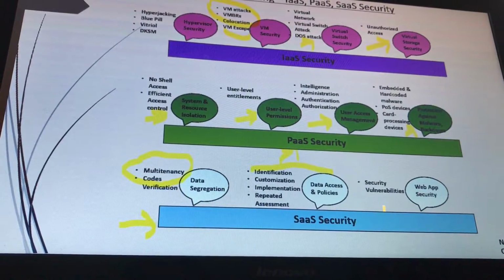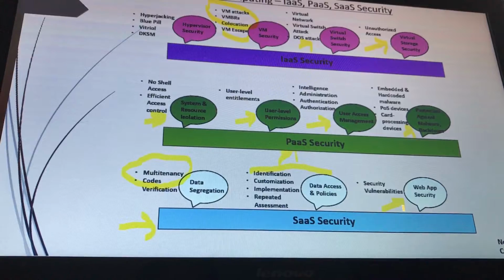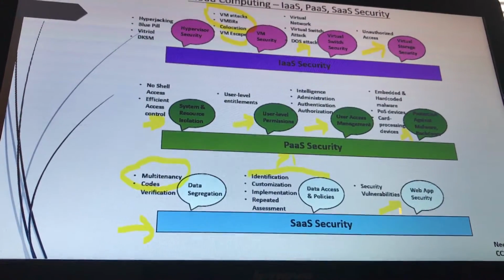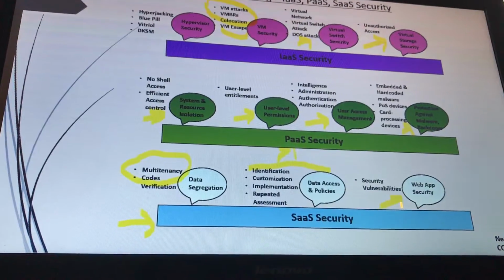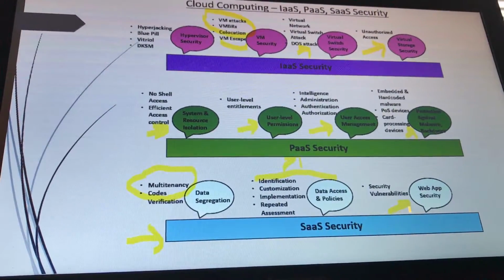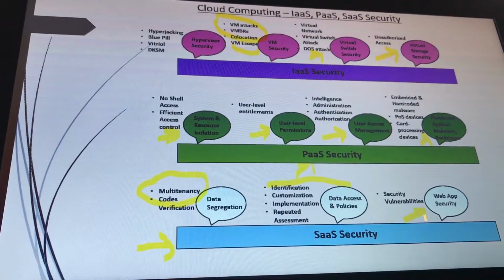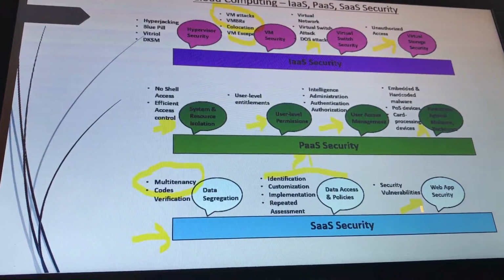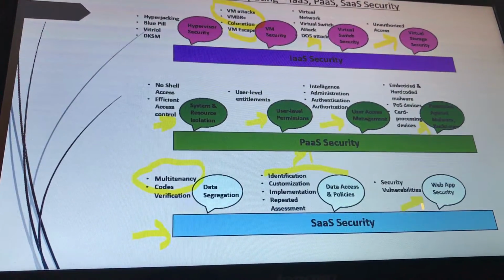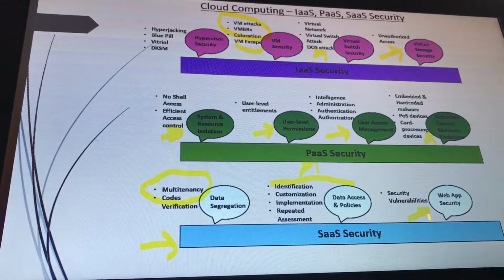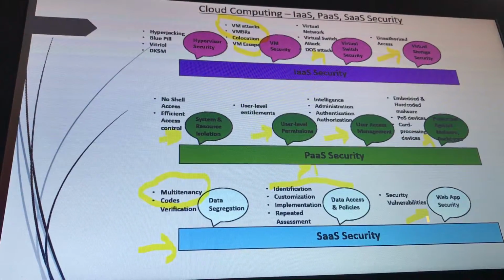And next is security vulnerabilities, or web application security. In a traditional environment, security vulnerabilities are more common in web application security, but in the cloud environment, with a large volume of shared and collocated tenants within a SaaS environment, if a vulnerability is exploited, both the cloud customer and the service provider may experience catastrophic consequences.